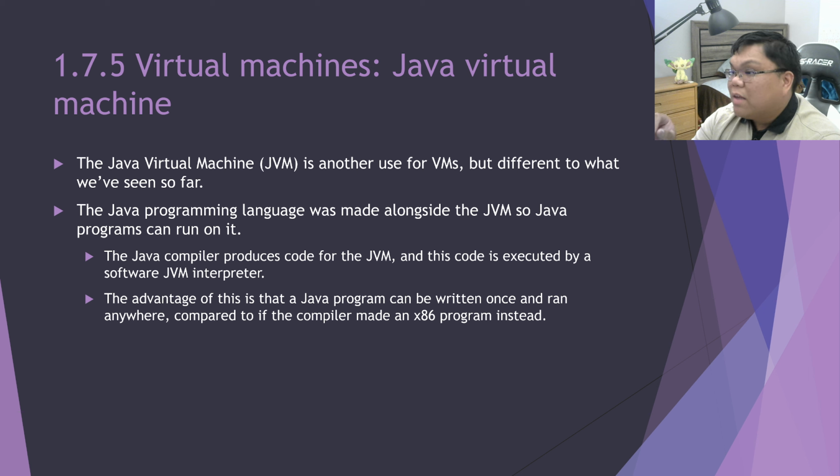Rather, it turns it into something that the JVM can read and execute. The advantage of this is that a Java program can be written once, run anywhere, compared to if the compiler made an x86 program instead.